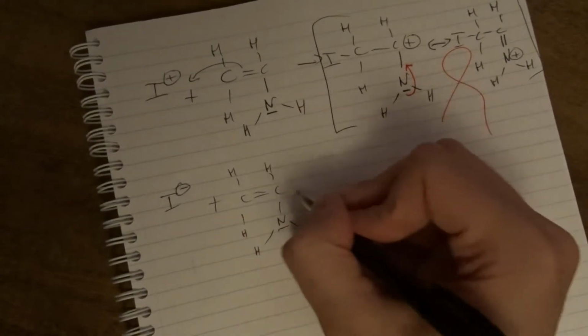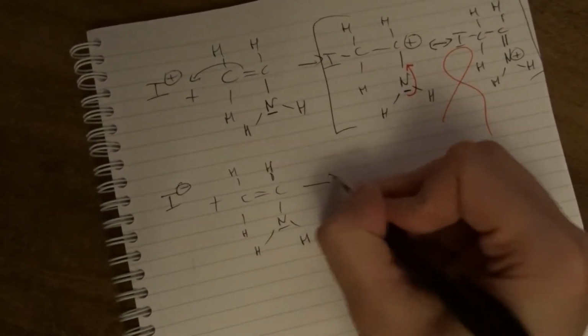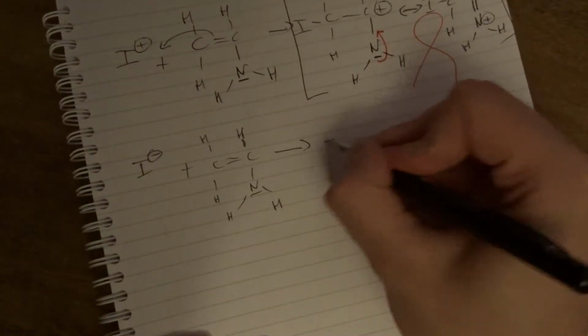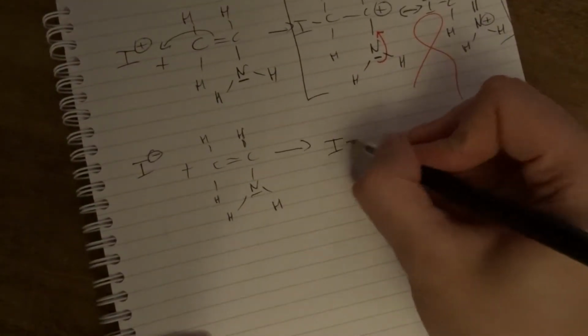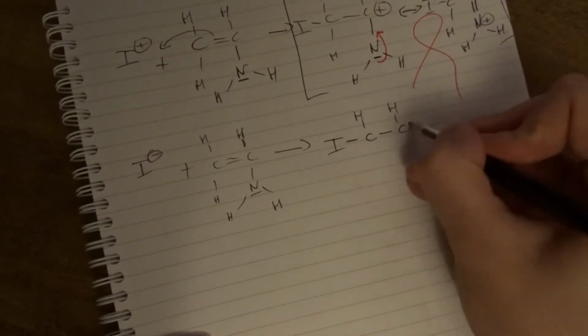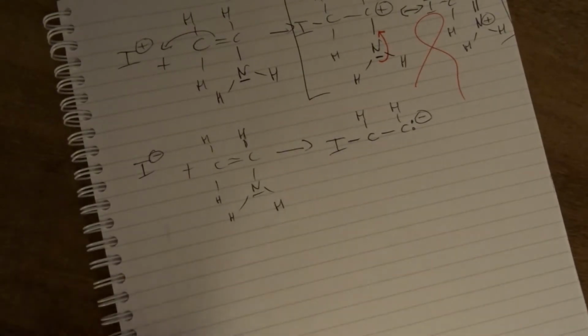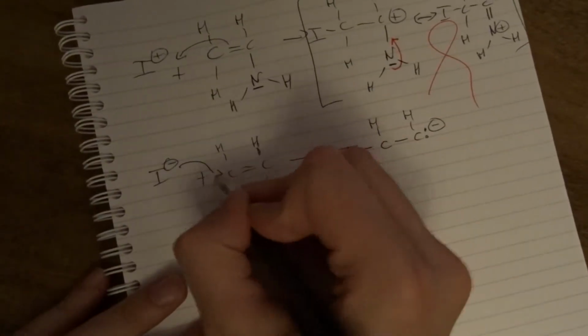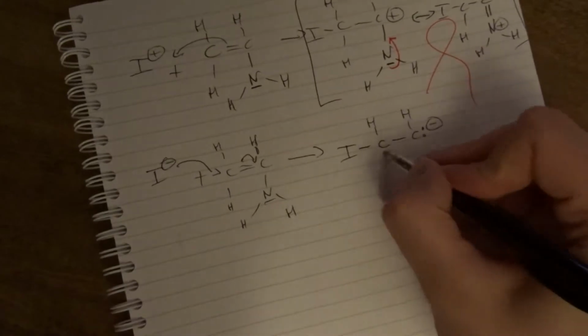If we check with an initiator with a negative charge, same monomer, we will see nothing takes place, no polymerization, because it is not stabilized at all. So we get here the negative charge. This goes here, this goes here.